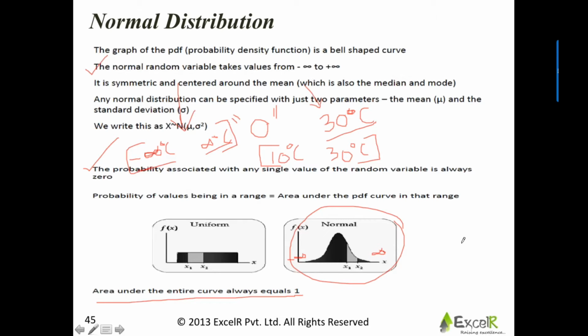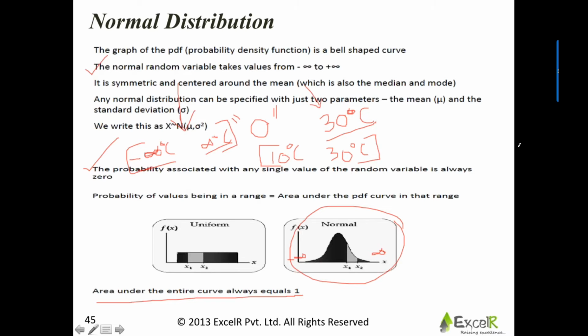Right? So two key things. The probability associated with a single value is always 0. So if your senior management comes to you and says, what do you think will be the next quarterly sales? You should not say it will be $1 million. Always give a range. If I ask you how much time it takes for you to go to office tomorrow, you cannot say 30 minutes. You have to give a range.